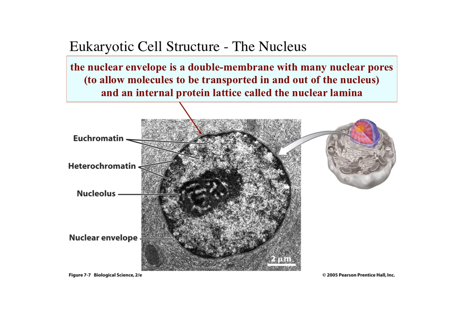Okay, double membrane, many nuclear pores. What is a pore? It's a hole, right? Pores in your face, your clogged pores. It's just a hole, so you can move stuff in and out of the nucleus. Internal protein lattice, the nuclear lamina.